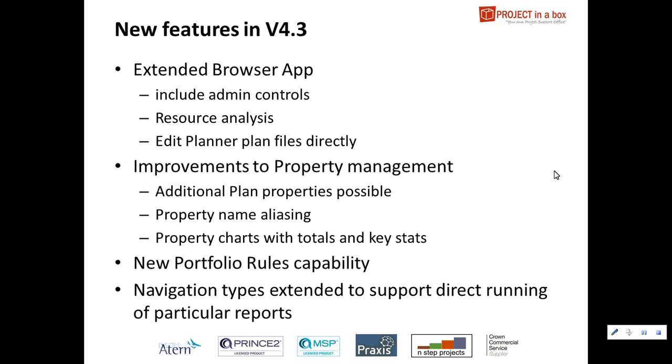But we've taken that a whole step further now by adding the ability to include dates in that. So you can now look for all the projects that are due to complete within the next month, for example. And you can have a portfolio of all those, or all the projects that started in the last month, for example. So a date is an element as well as numeric and text relevancy in these filters.